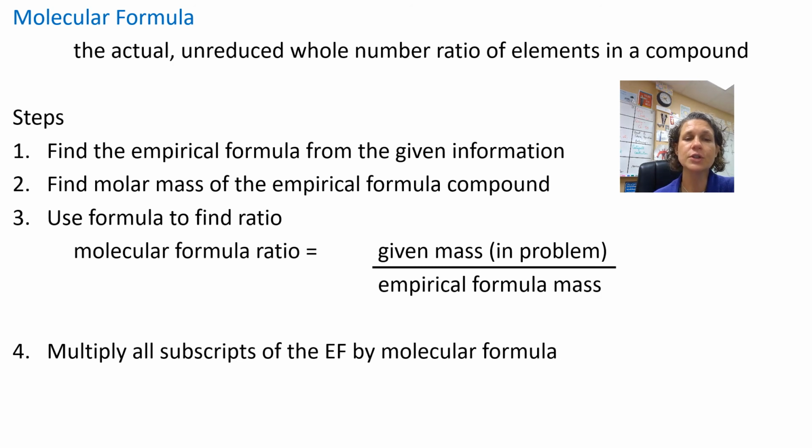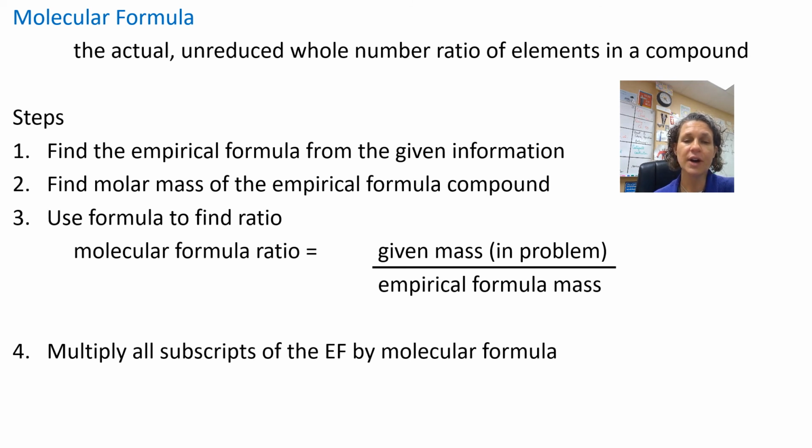So first thing you're going to do is find the empirical formula like we just did from the given information. And then you're going to find the molar mass of the empirical formula compound. So you would add up from the periodic table the mass of each element in the compound. And then you would use this little ratio. You're going to be given a mass in the problem.